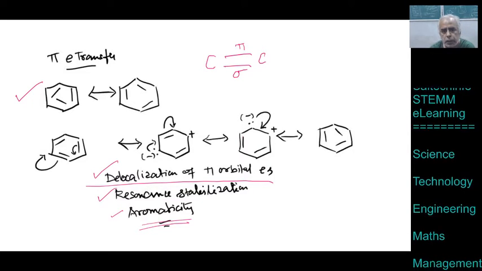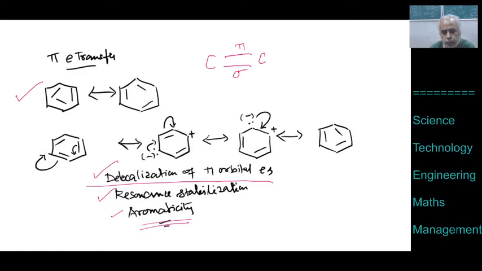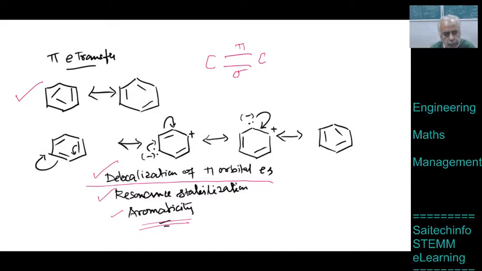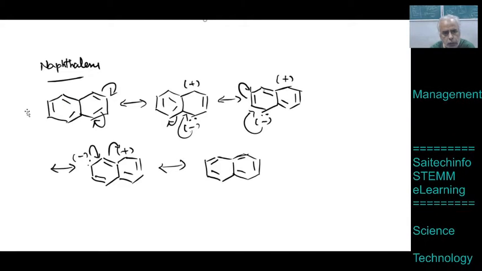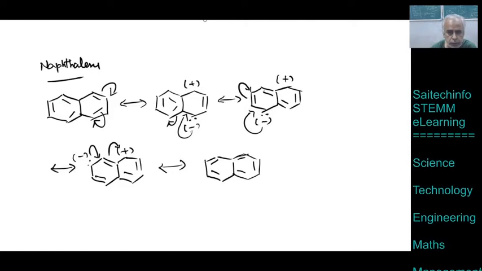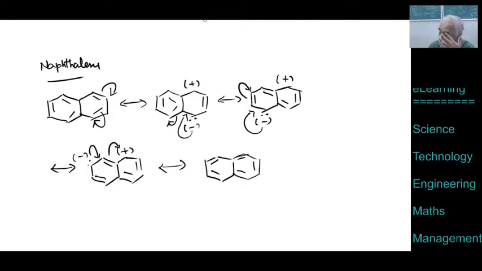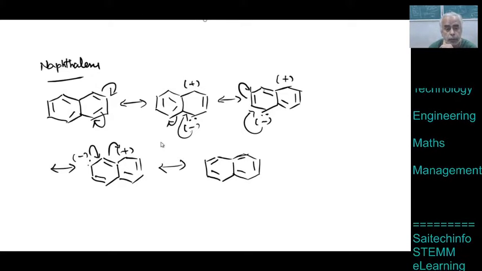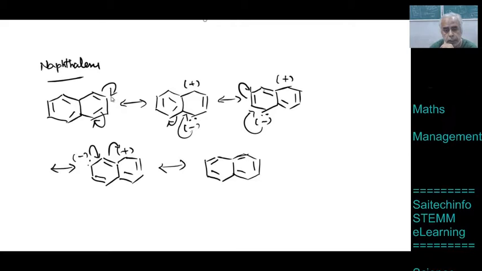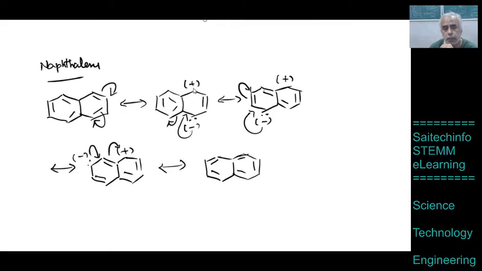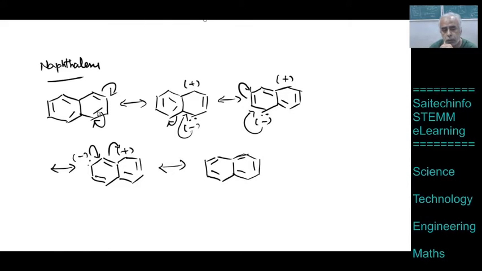And then let us consider that this kind of pi electron transfer can be drawn even in the case of naphthalene. Look at the structure of naphthalene. It is a double benzene, two benzene-like rings joined adjacently like this, so that now you can see the pi electron transfer. This becomes plus, and immediately this electron comes here.